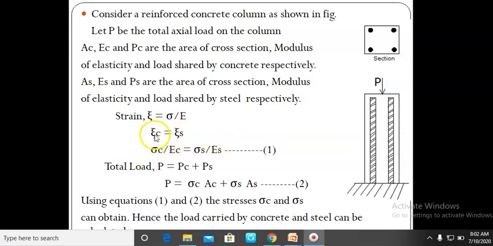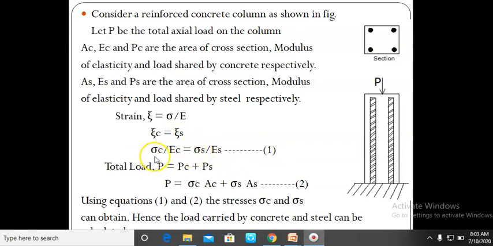Therefore epsilon C can be written as sigma C by EC, which is equal to epsilon S equal to sigma S by ES. Let us take this as equation number 1.